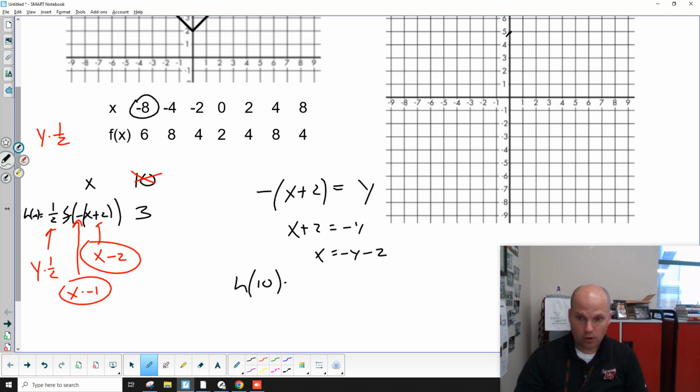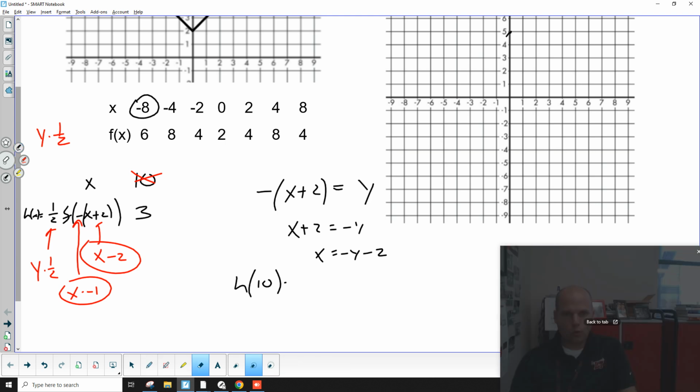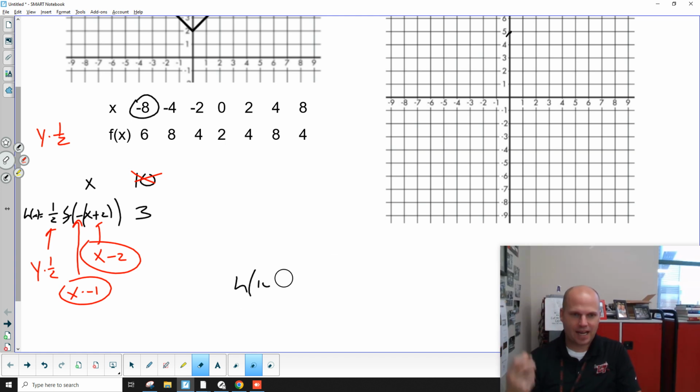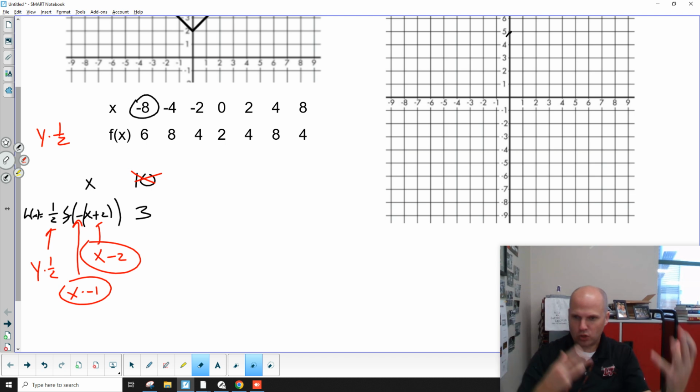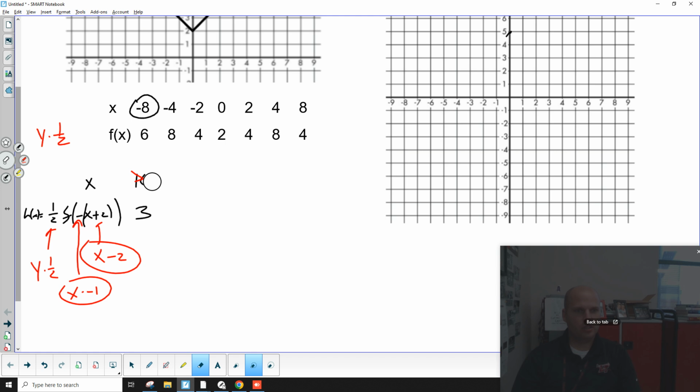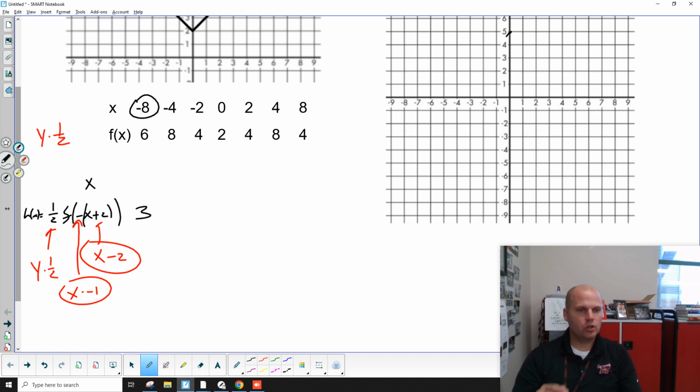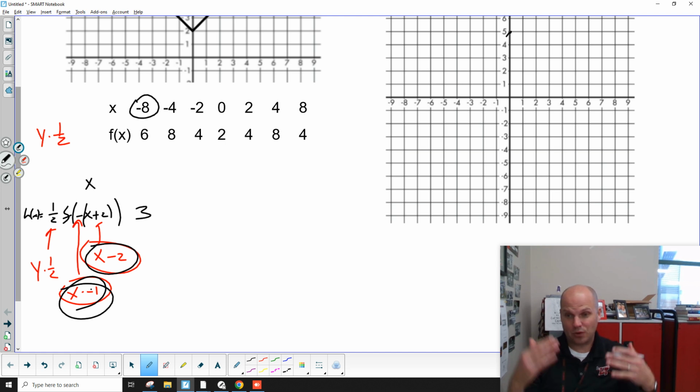Okay? So that's kind of the idea here. We are undoing what's being done, working on the inside. We got to kind of reverse engineer things, reverse map things, just like finding inverses. So take your x, let's multiply it by -1 first, and then let's subtract 2. Opposite of what we think based on parentheses.